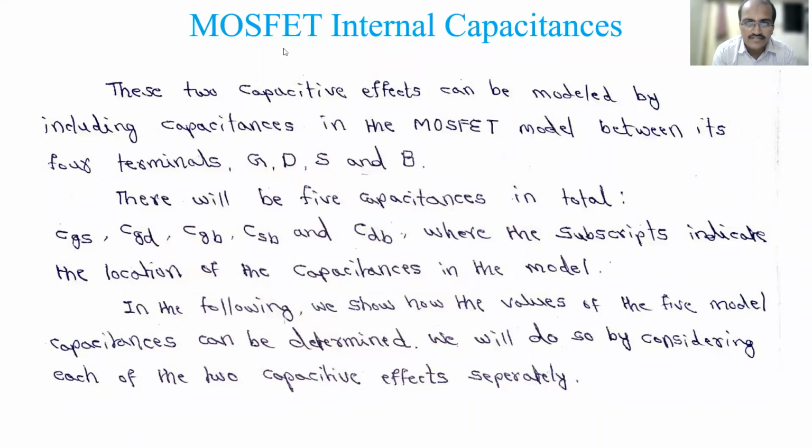So in the gate capacitive effect, the first 3 capacitances will come into picture. So the gate to source, gate to drain, and the gate to body. Gate to source, gate to drain and gate to body will come under the first capacitive effect, the gate capacitive effect. And source to body and drain to body come under the second capacitive effect, these 2 capacitances. So that's how we'll study them.